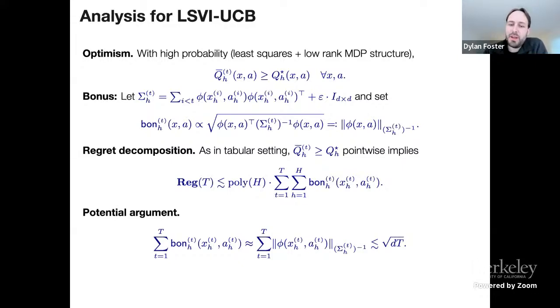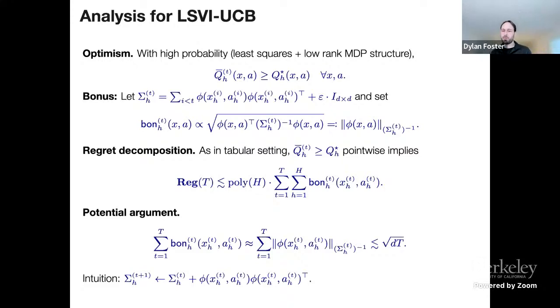This can really only happen if phi at time T extends in a direction that's not currently well covered by sigma T. But when we get to the next episode, we're going to add this feature vector to sigma T to get sigma T plus 1, the matrix for the next time step. So our coverage might be bad at this step, but it is going to improve at the next step.